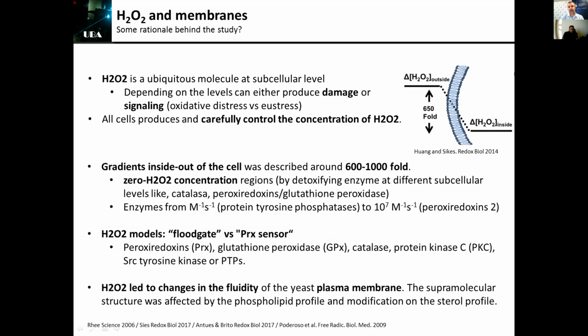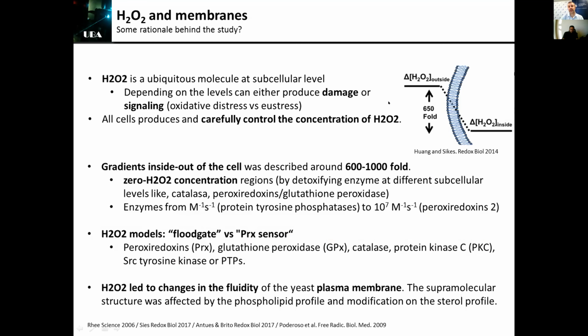These two things are different, because one is something that can hurt the cell, while the other is fundamental for signaling within the cell. The cell spends a lot of energy, and it has a lot of systems, physiologically speaking, to control the concentration of hydrogen peroxide.